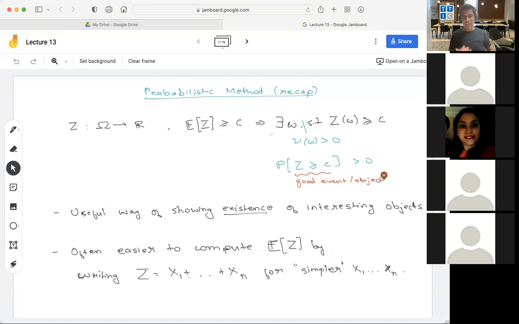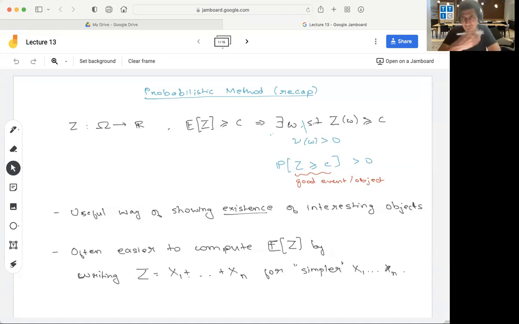And your outcome space contains this kind of object with positive probability. So it at least shows up sometimes, and because it shows up, it at least exists. And so it's a useful way of showing existence of interesting objects, which we might not even know exist otherwise. And it's a surprisingly powerful way.